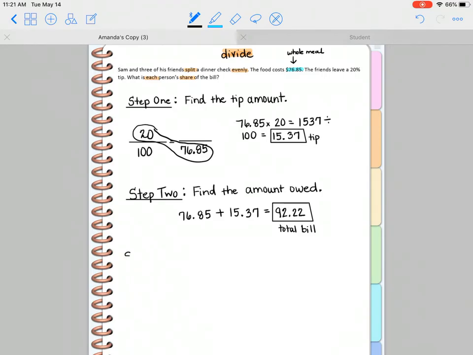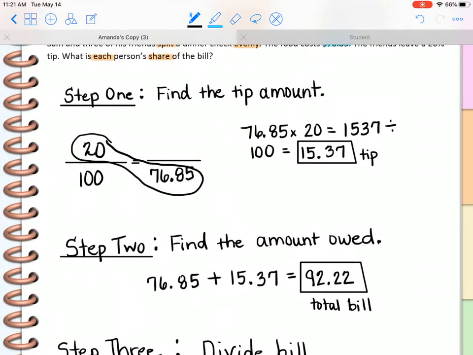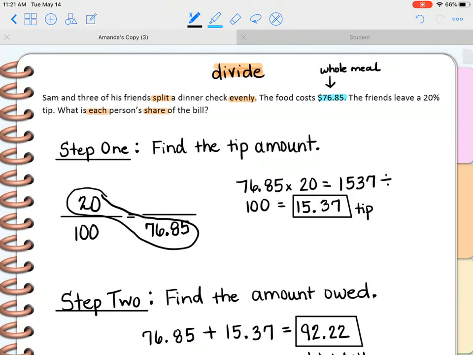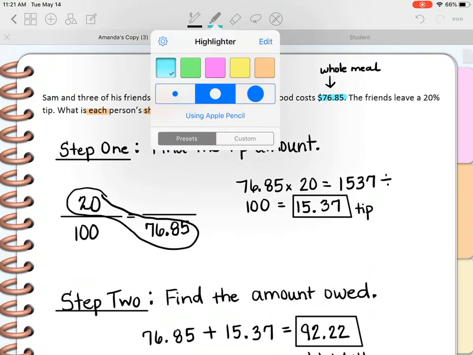So let's take it a step further. So we walk up to the cash register with this bill. Then what? Well, we have to divide the total bill. Be careful here. How many ways? So I have to go back to my problem, and I have to read very, very carefully.